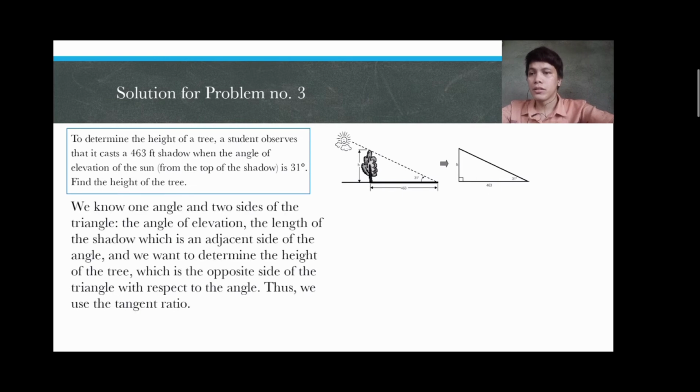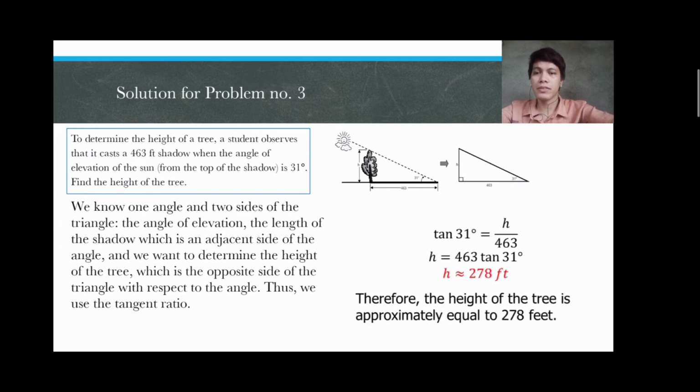For the solution, we know one angle and two sides of a triangle. The angle of elevation, the length of the shadow which is an adjacent side of the angle, and we want to determine the height of the tree, which is the opposite side of the triangle with respect to the angle. Thus, we use the tangent ratio. Here we have tangent 31 degrees is equal to h over 463.